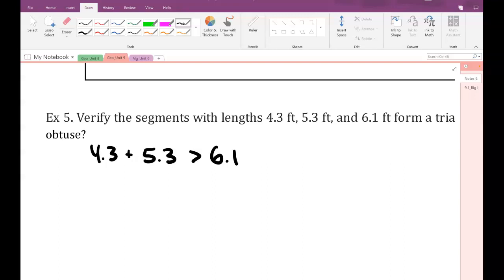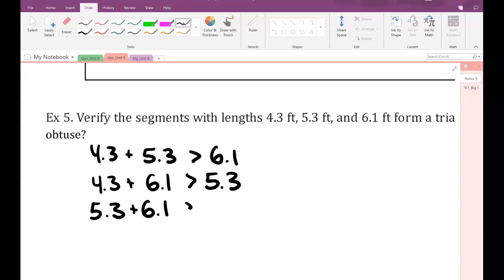We have to check it for all three sides. So 4.3 plus 6.1, that's greater than 5.3. And then 5.3 plus 6.1, that's greater than 4.3. So we can verify by doing this that this is in fact a triangle.